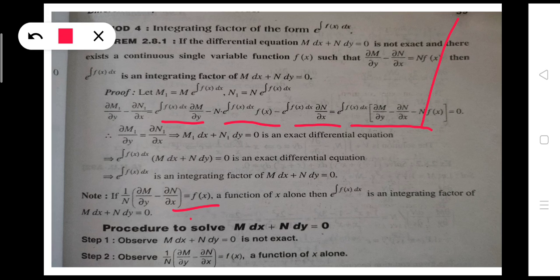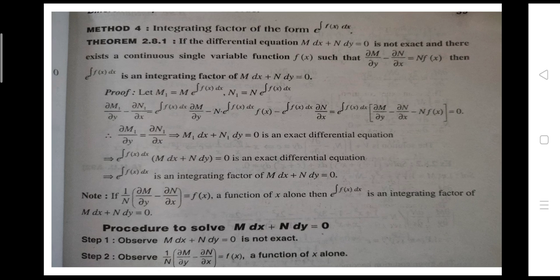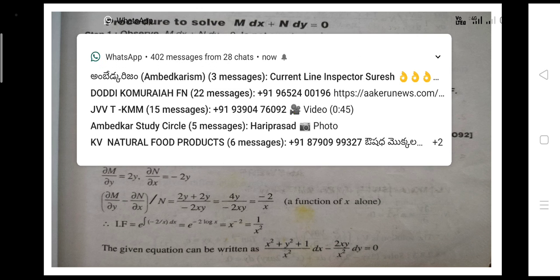What is the procedure? Step 1, observe that M dx plus N dy is equal to 0 is not exact. Step 2, find 1 by N into dou M by dou y minus dou N by dou x is equal to f of x, a function of x alone.